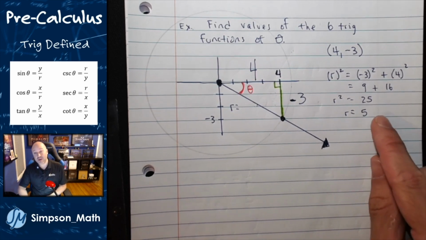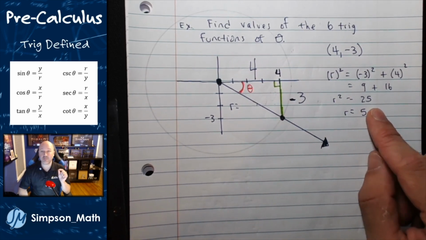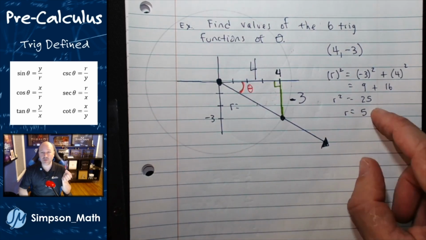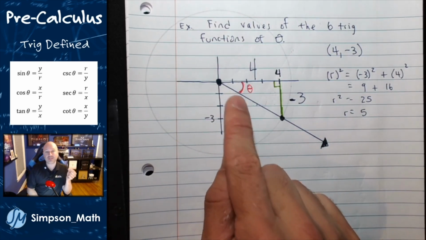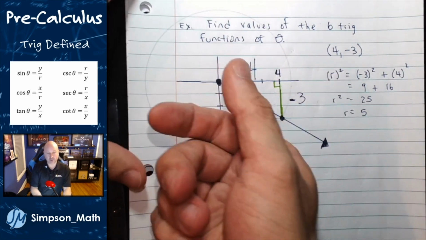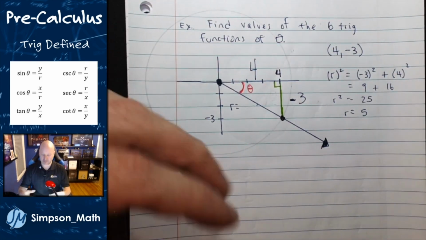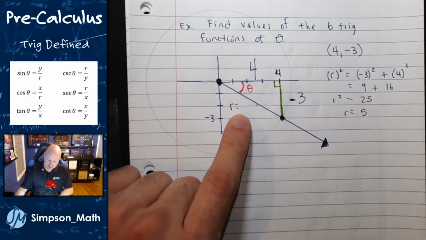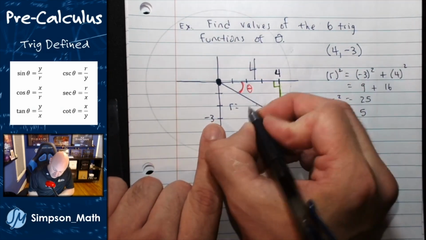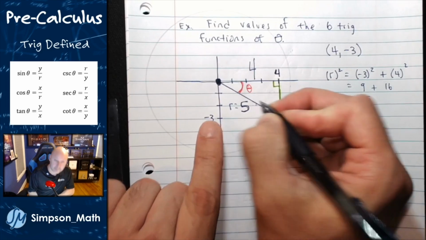When you take the square root of 25, there's always that negative 5 you have to worry about. But the radius of a circle, no matter how you point it, we're going to think of it as a length and as a positive number. So this radius will always be positive, and in this situation, our radius is 5.